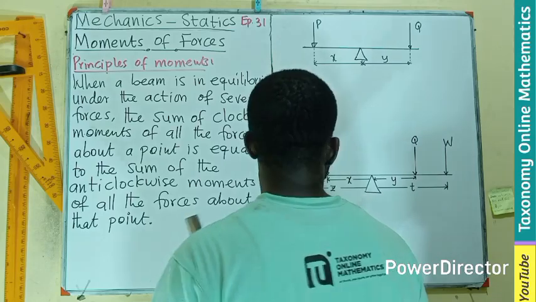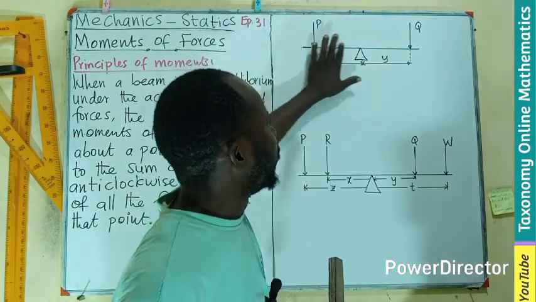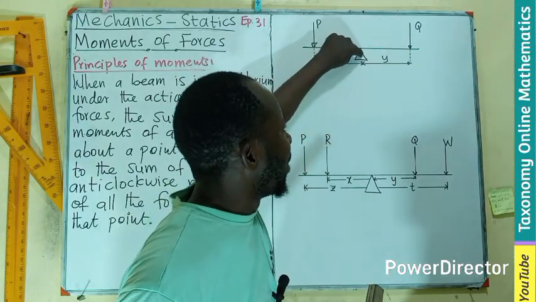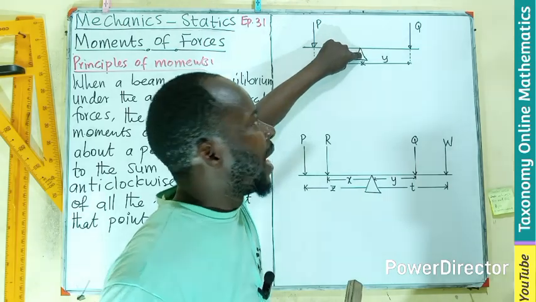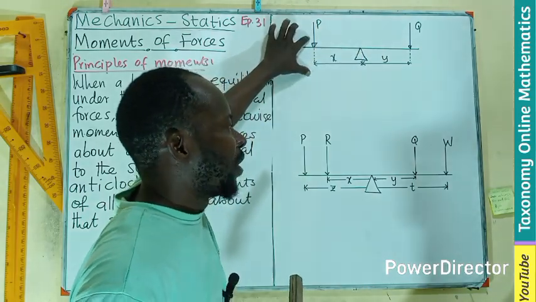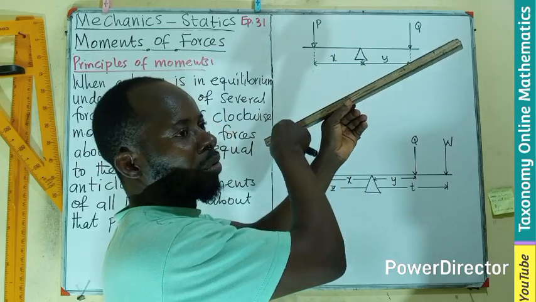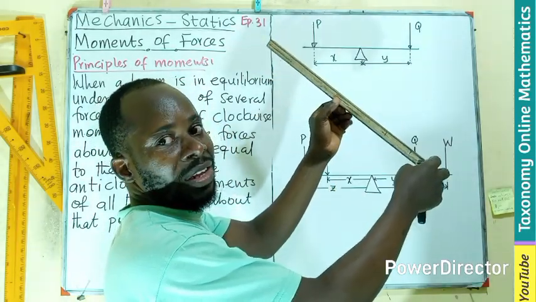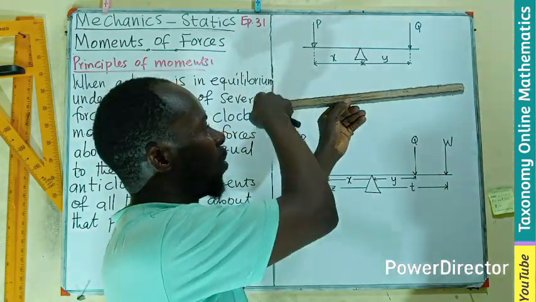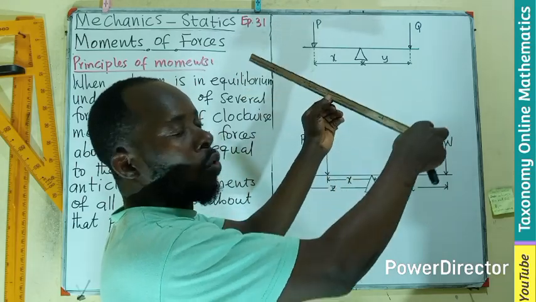So let's see, if we are having this beam and we are having a pivot here, and if I apply a force here, we can see that this beam will either go this way or it will go this way.